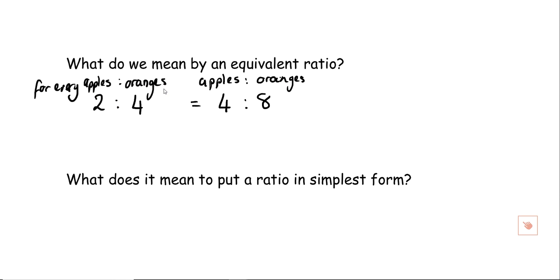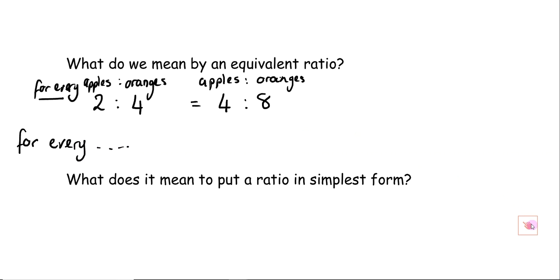That means there can be more than 2 apples, okay? And there can be more than 4 oranges, but I know that for every 2 apples, there must be 4 oranges, and that makes sense, doesn't it? So now there are 4 apples, so there must be 8 oranges. Maybe that's something that you would want to include.